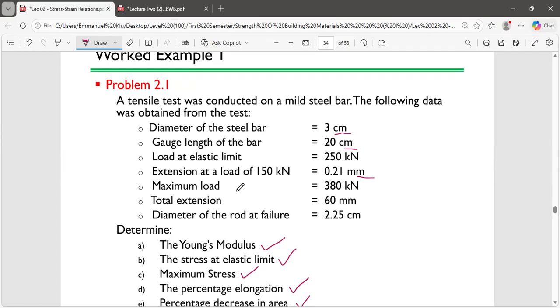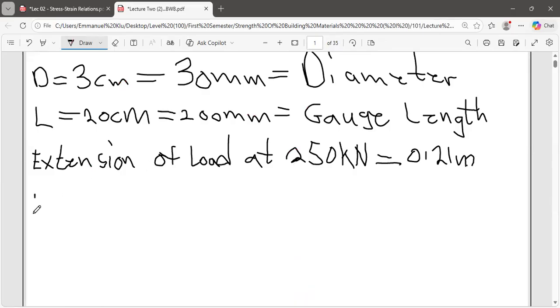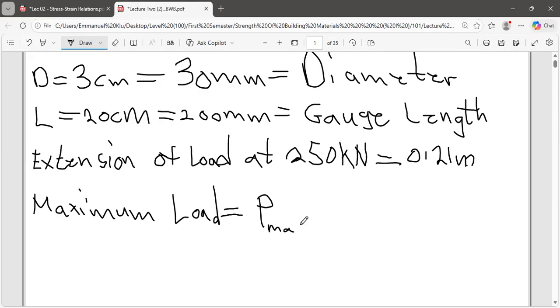So our maximum load, let's quickly put it down. They said maximum load. So this is the same as P. I can even write P, then I put maximum over here. It's the same thing.